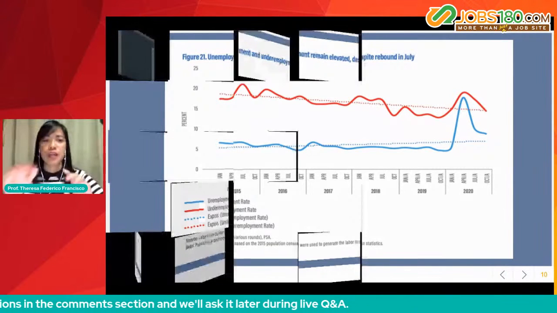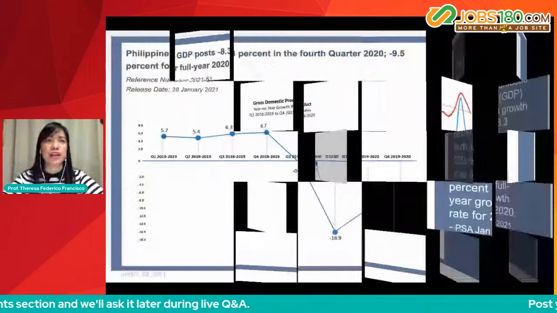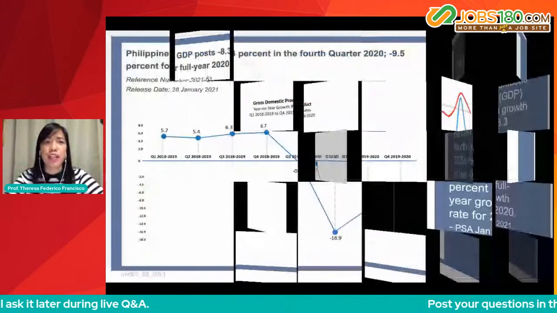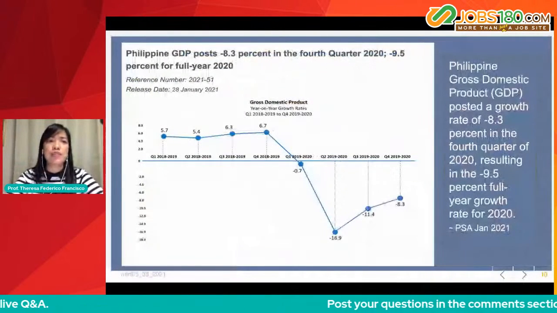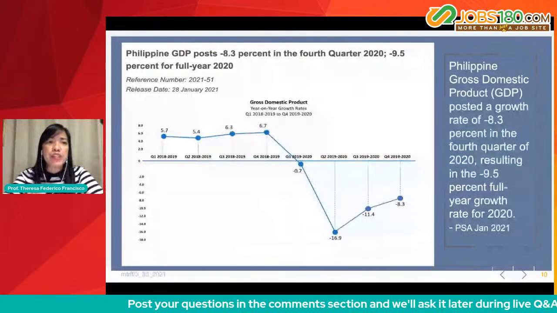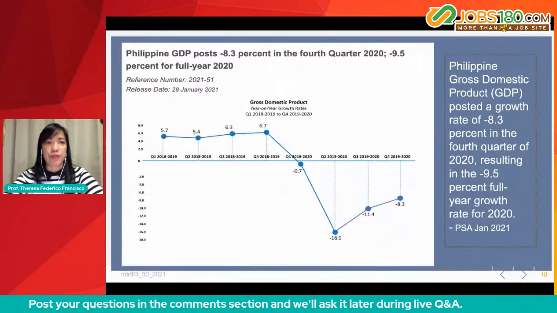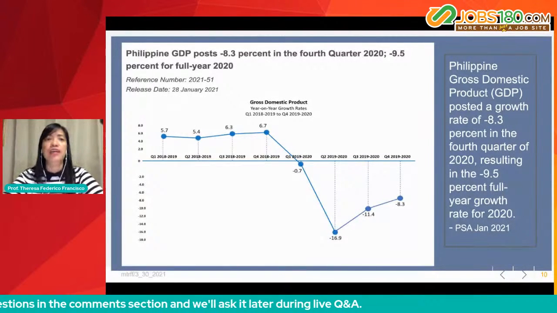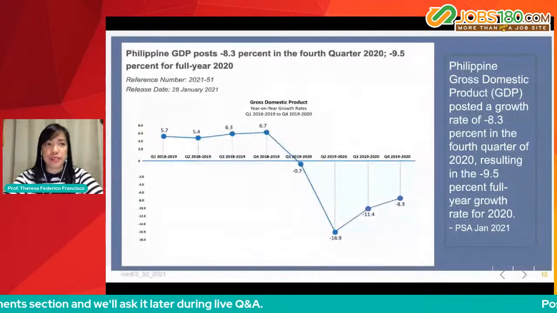Let's talk about the gross domestic product, which is the total monetary market value of all finished goods and services produced within a country's borders in a specific period of time. A broad measure of overall domestic production, it functions as a comprehensive scorecard of a given country's economic health.